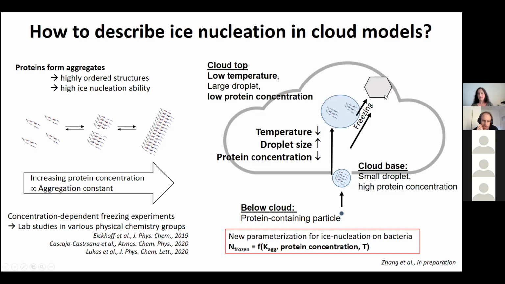So it might be that the freezing patterns described by current cloud or ice nucleation models might change if we have this concentration dependence. So this is work in progress. We are not quite there yet, but we think we can improve current ice nucleation parameterizations on proteins.